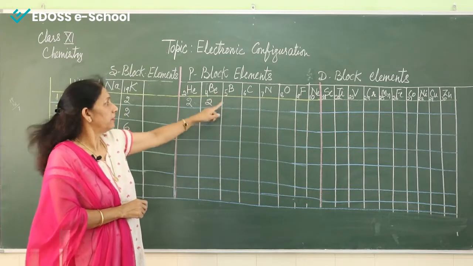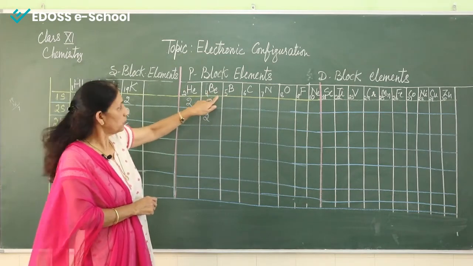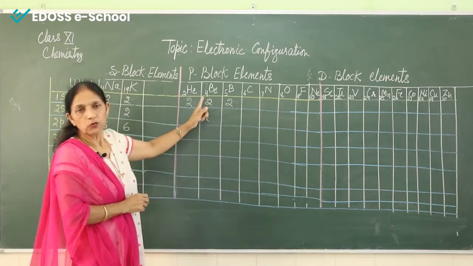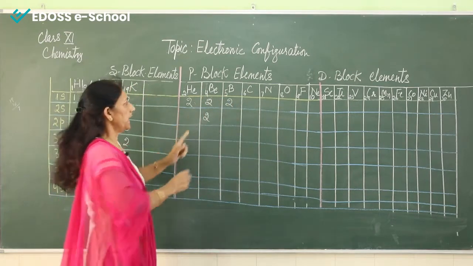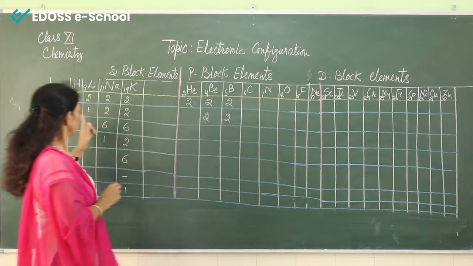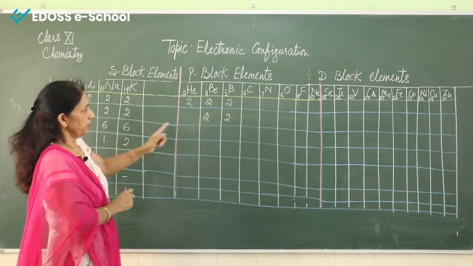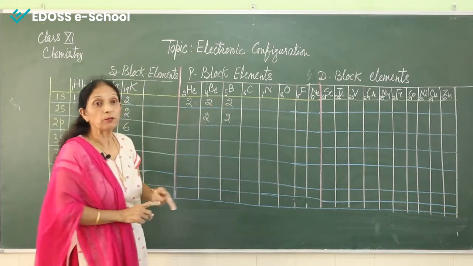Now boron is having atomic number 5. Its configuration will be the same, 1s2 and in 2s again 2, and then P, because it is having one more electron.